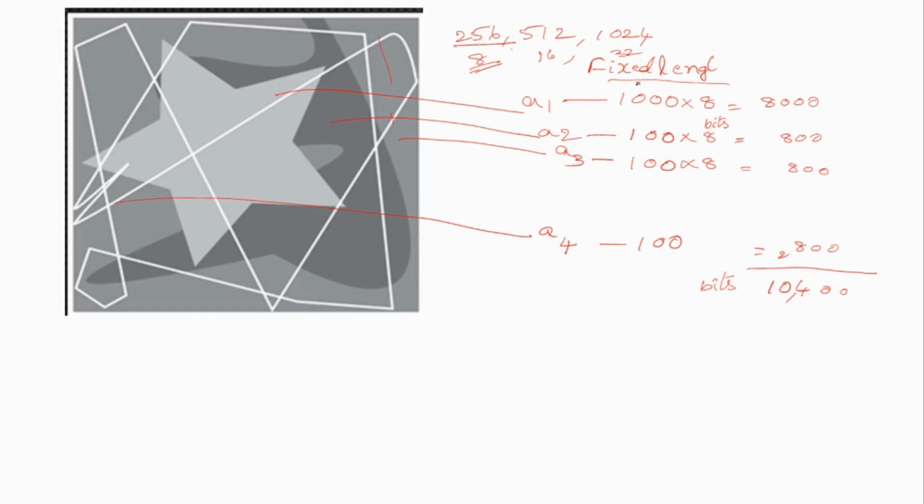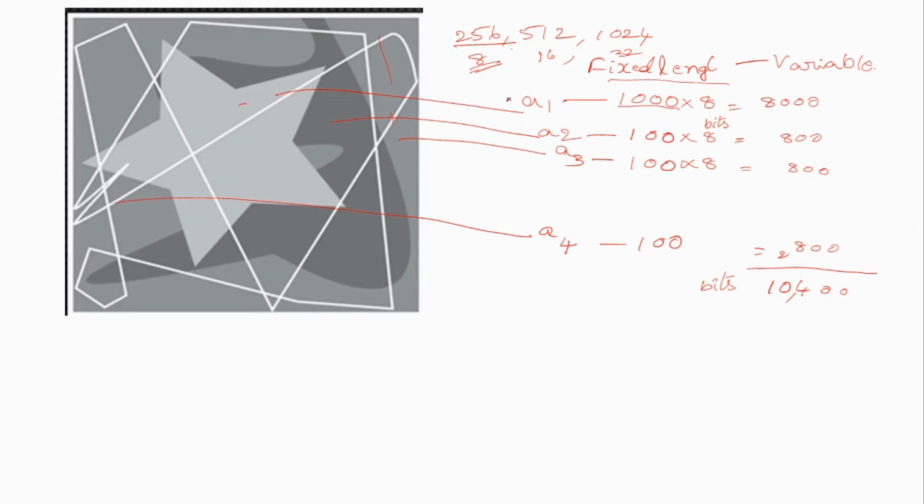Suppose you use variable length coding, that is Huffman coding. In this example, we are taking Huffman coding. In Huffman coding, fewer bits are assigned to the most probable pixels.